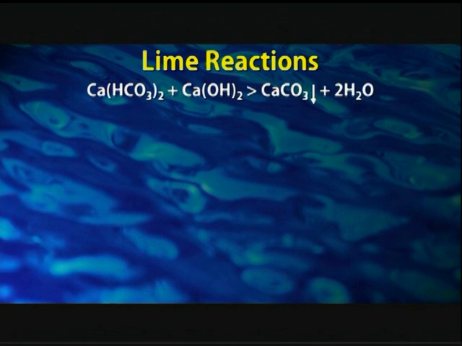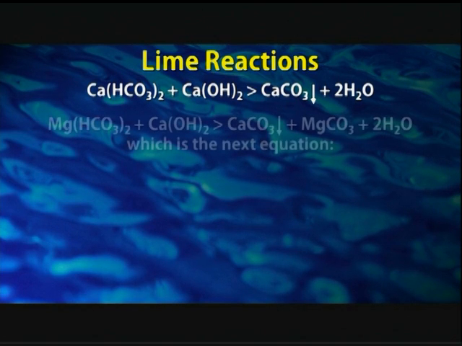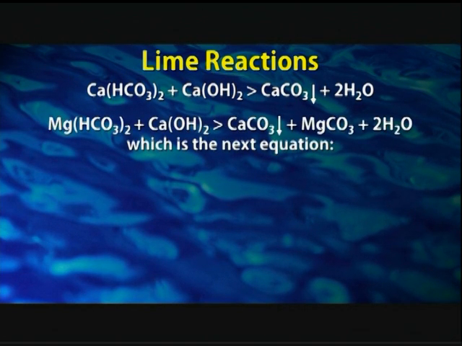Now let's take a look at exactly what's really happening in this situation. Let's look at the chemical equations. First of all, we have calcium bicarbonate, Ca(HCO3)2. When we add lime to this, we get calcium carbonate that settles plus water. We also have magnesium bicarbonate. When we add lime to that, we get calcium carbonate, which settles, and we get magnesium carbonate.